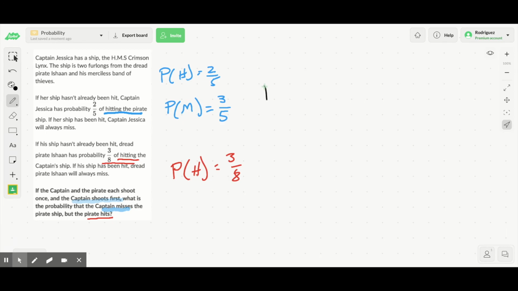Our probability is the probability that the captain misses whilst the pirate hits. The probability of a captain miss and a pirate hit, which would, of course, as we've done before, be equal to the probability of the captain missing times the probability of the pirate hitting. Now let's just replace.